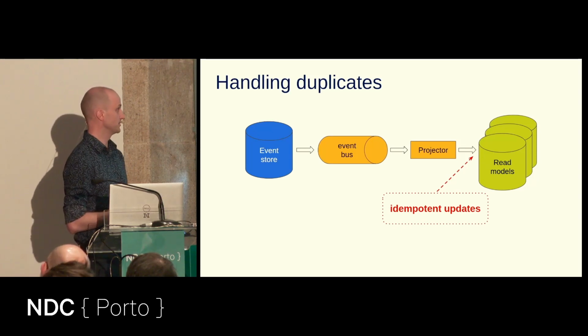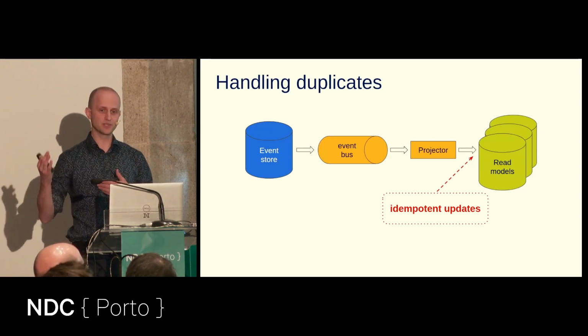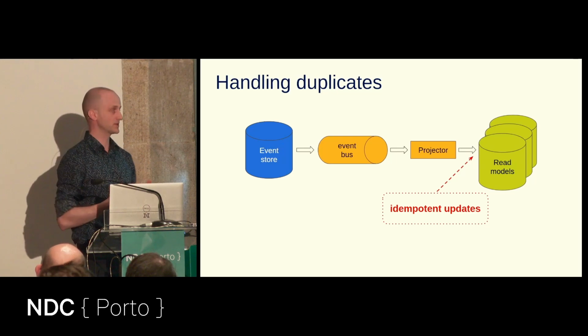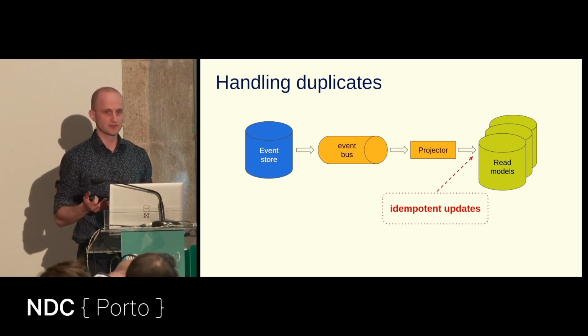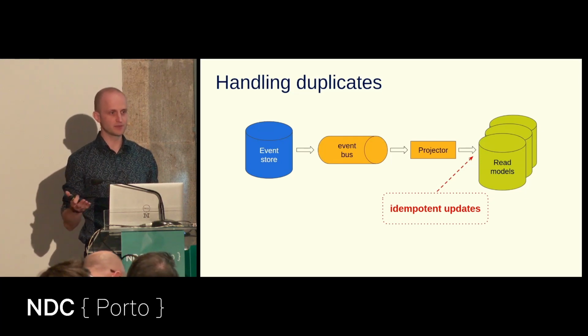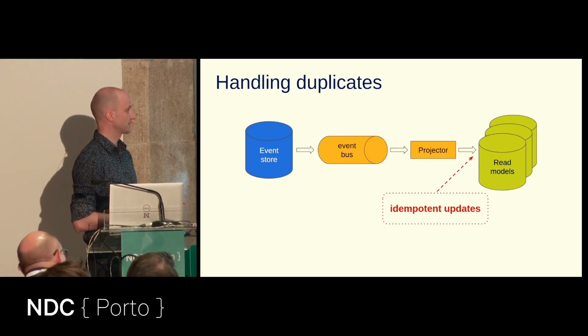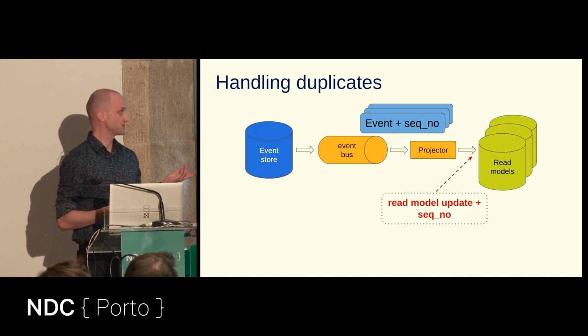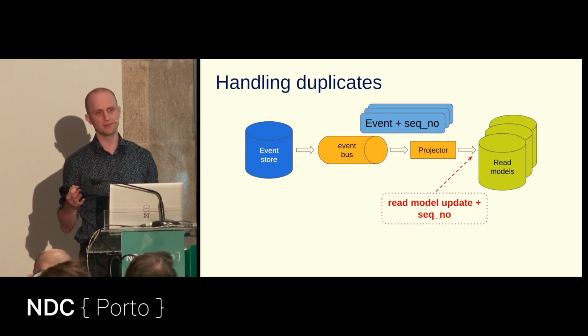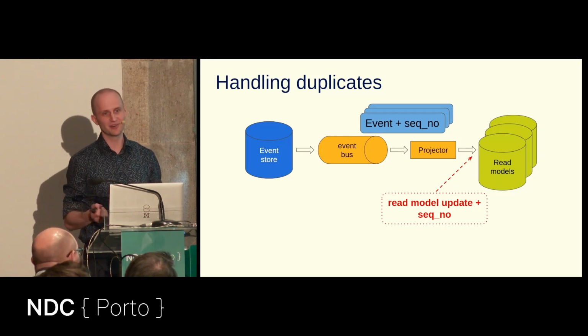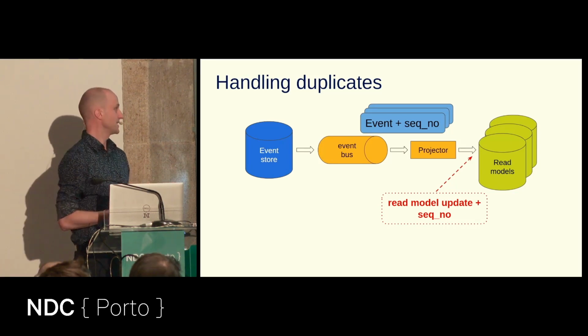This is super cool, but some projections are not idempotent by definition. Let's say that we are calculating an average. In this case, processing the same event twice will corrupt the result. And the solution for that is to achieve something called effectively once delivery, or deduplication.